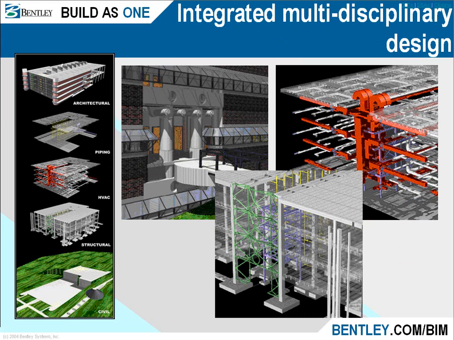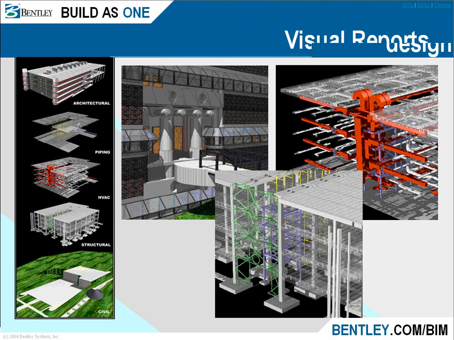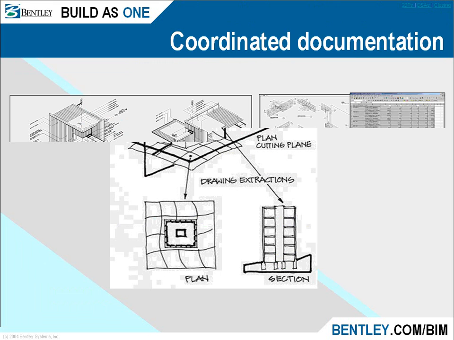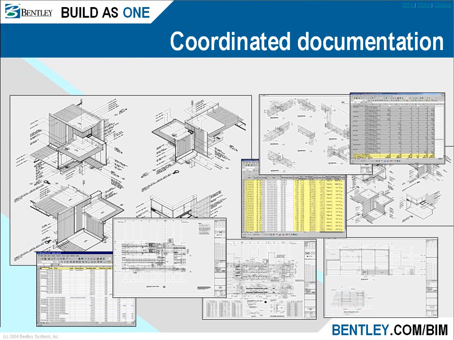Bentley offers, through our BIM applications, any product that you need for your construction project: architectural, piping, HVAC, structural. You can also generate all your visual reports, creating extractions to create plans and sections. This results in what we call coordinated documentation.